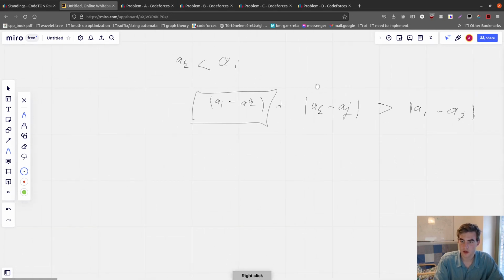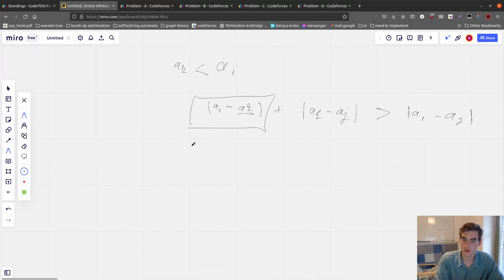It goes the other way around too, so we know that ak must be between ai and aj. Without loss of generality, let's say that ai is smaller than or equal to aj, and we have to find these two indices such that for all k, ai ≤ ak ≤ aj.